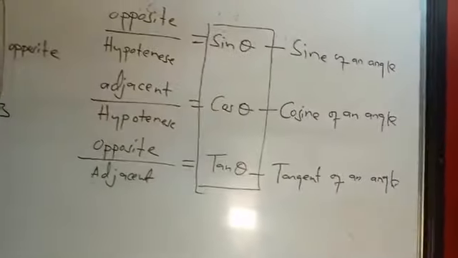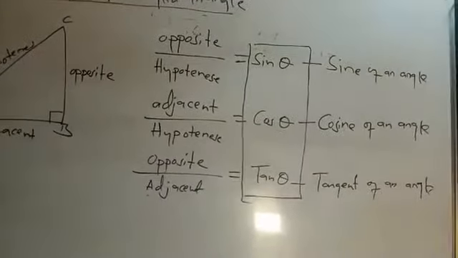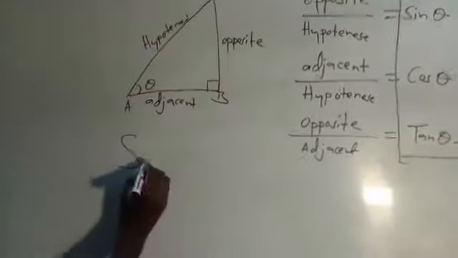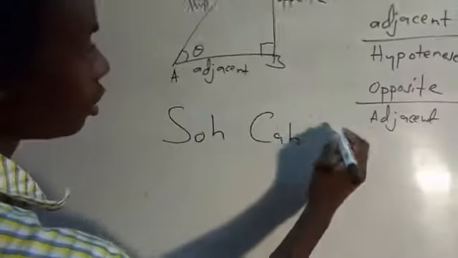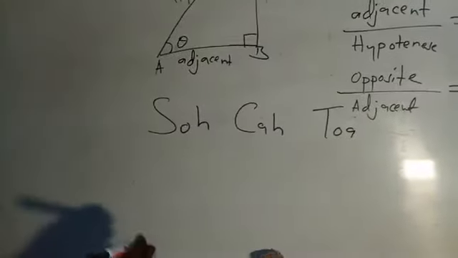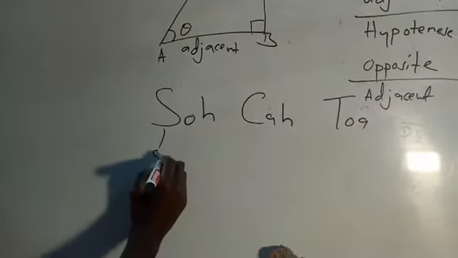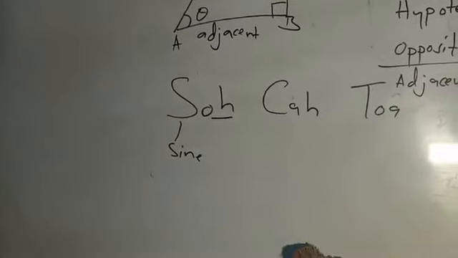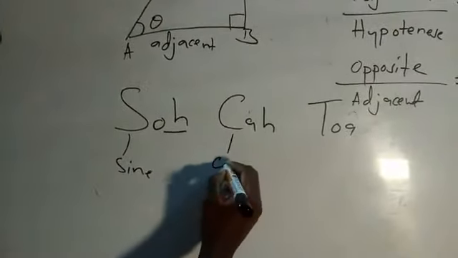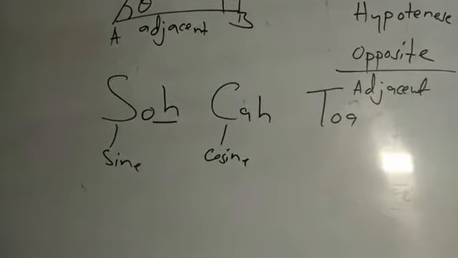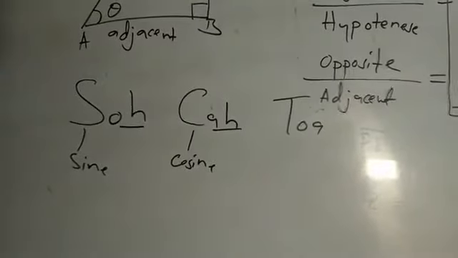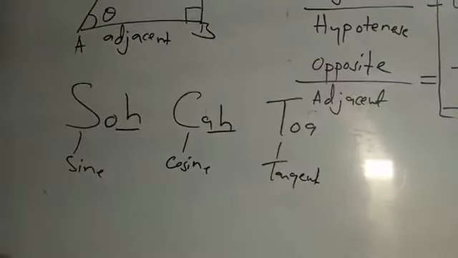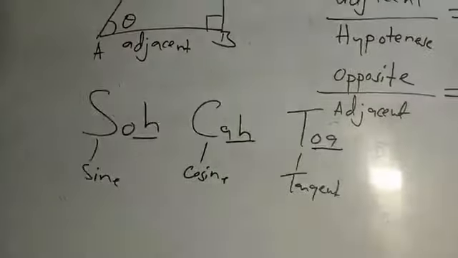For easy memorization, we shall take this simple formula, which is called SOHCAHTOA, meaning that sine of any angle is equaling to opposite over hypotenuse, and another one being cosine of an angle equaling to adjacent over hypotenuse, and another one tangent of an angle being opposite over adjacent.